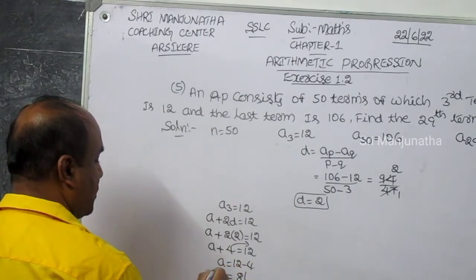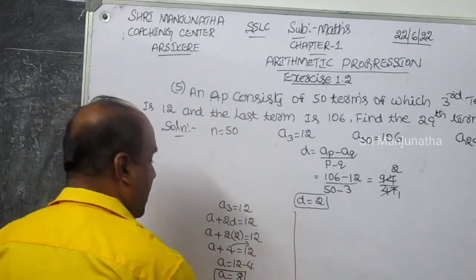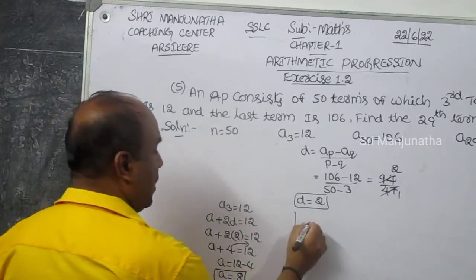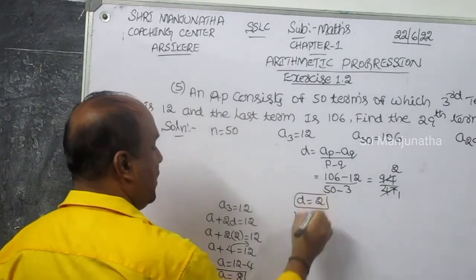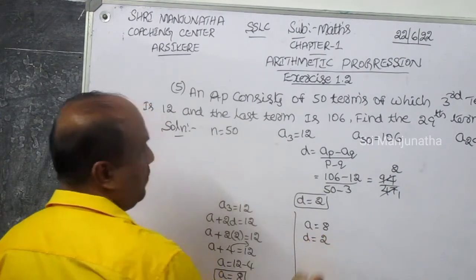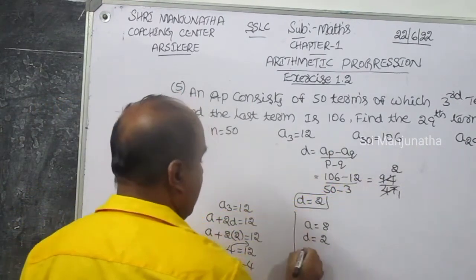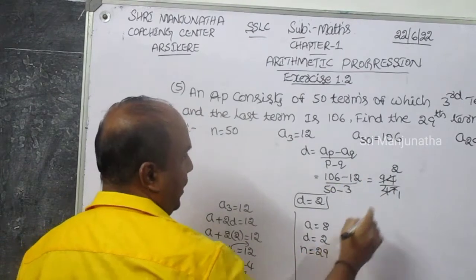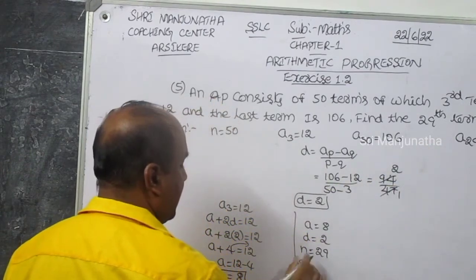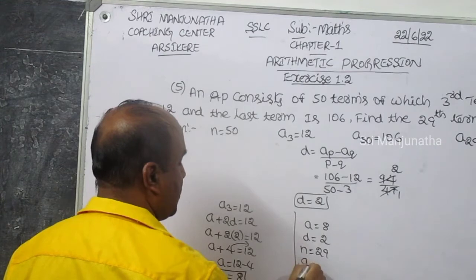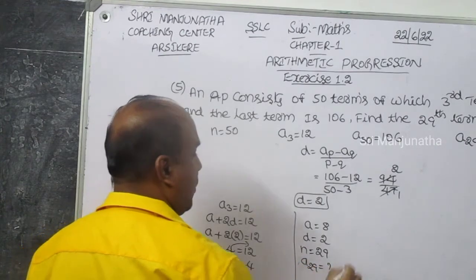A value is 8, D value is 2, N value is 29, and A29 equals question mark.